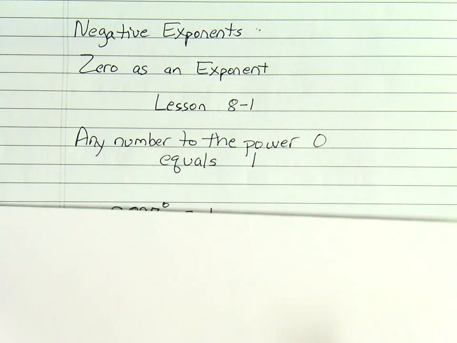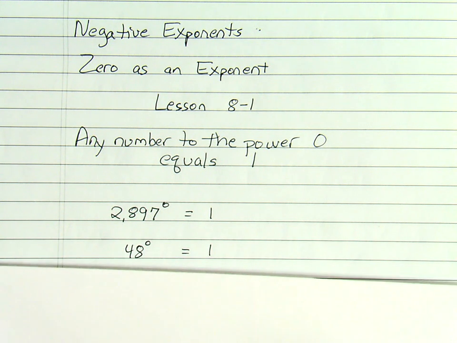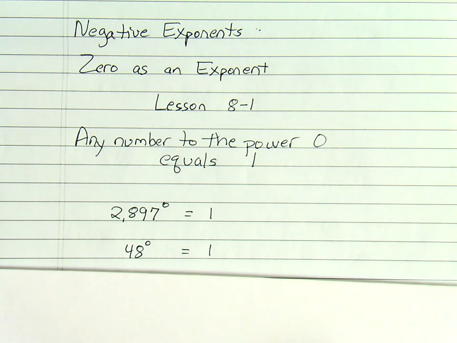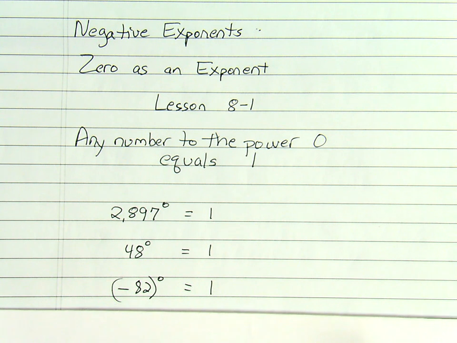Let's look at 2,897 to the power of 0, it equals 1. Okay, moving down, we have 48 to the power of 0. It also equals 1. And finally, let's look at a negative number, negative 82 to the power of 0.